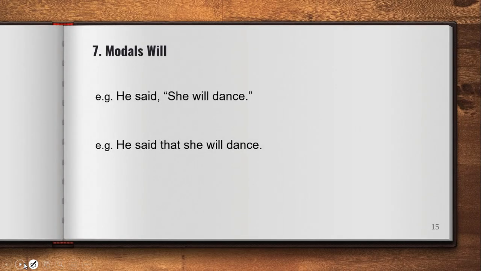Next, will. Okay, will. Remember, guys, will in here, you also have to change it. In direct speech, he said she will dance, but in indirect speech, he said that she, oh, this is not will, but would dance.